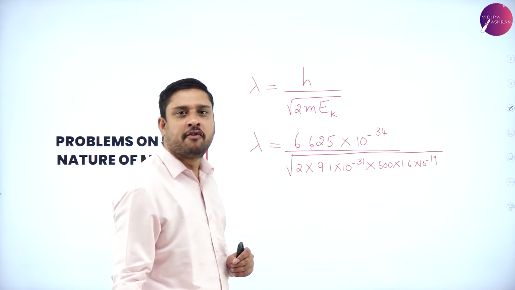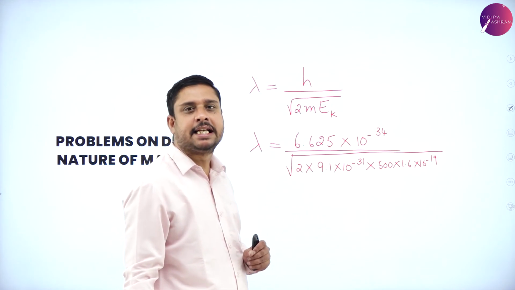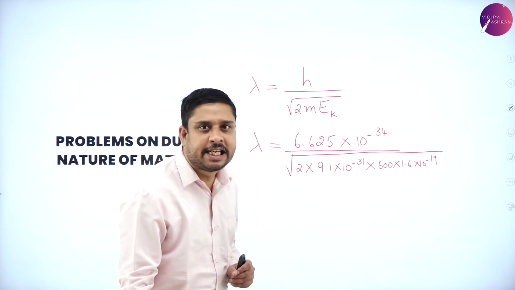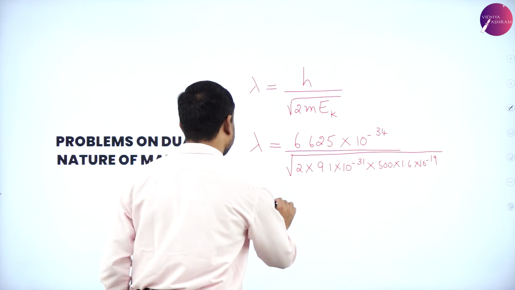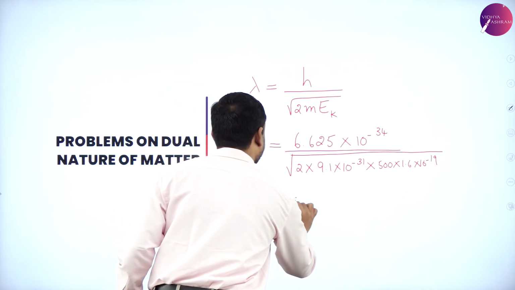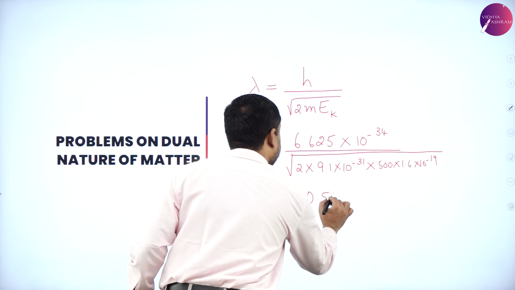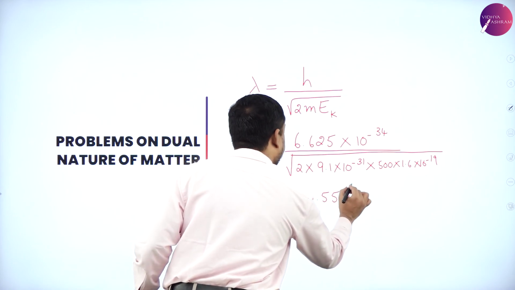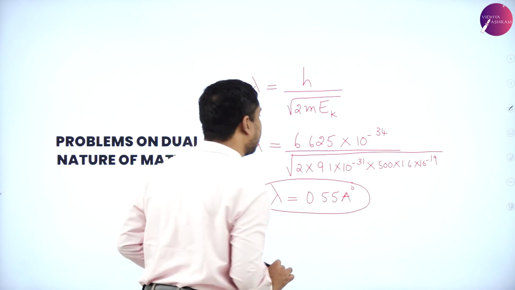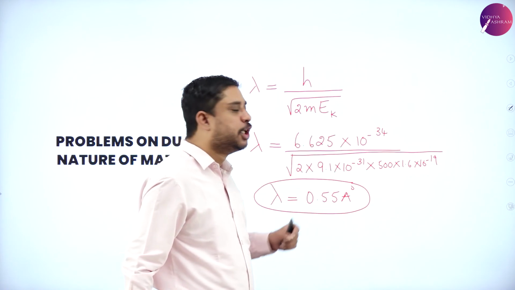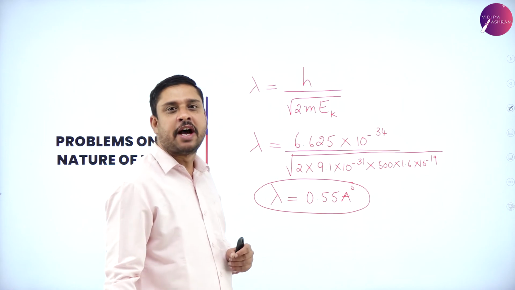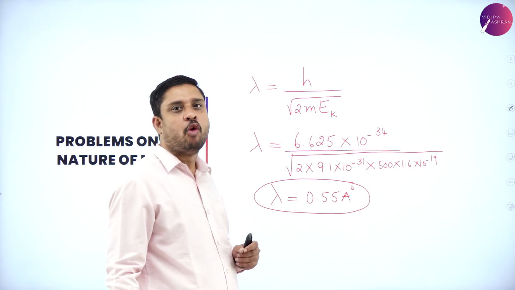Hope all of you have got your simple calculators. The scientific ones are not allowed in the examination. So lambda is 0.55 angstroms. So this is the de Broglie wavelength corresponding to an energy of 500 electron volt.